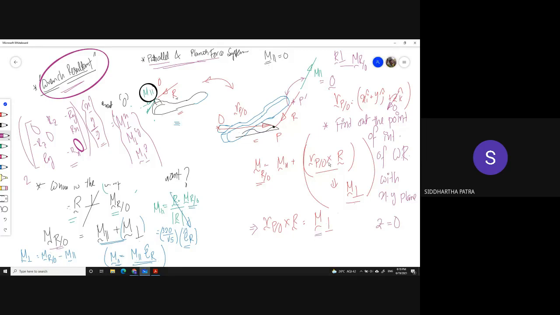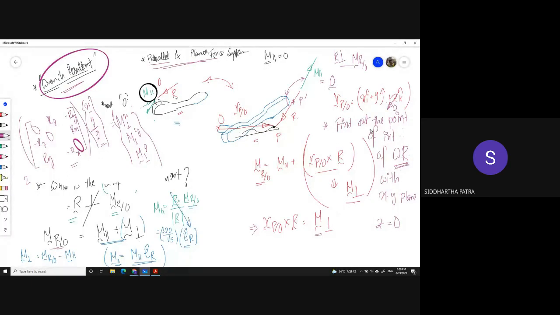And there also you can only ask for the point of intersection of the simplest resultant, or single force resultant, with the given plane. You can also choose a YZ plane or a ZX plane.